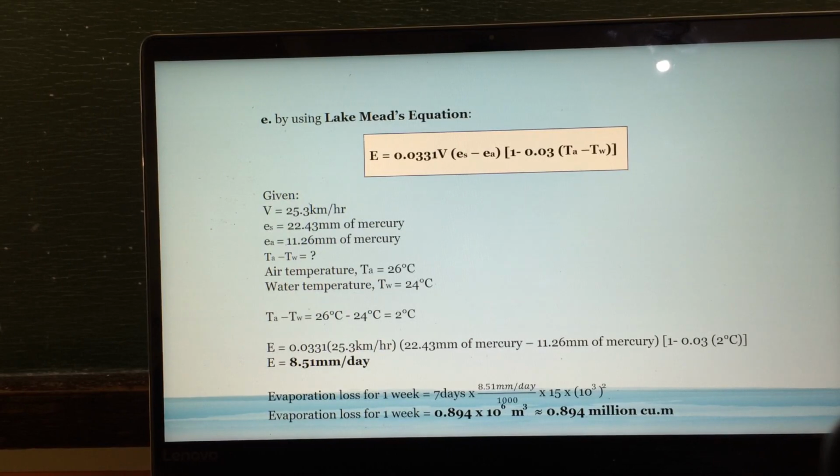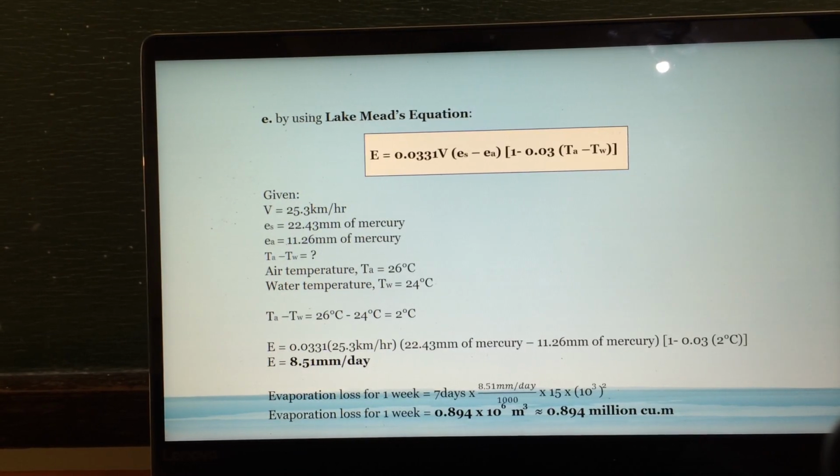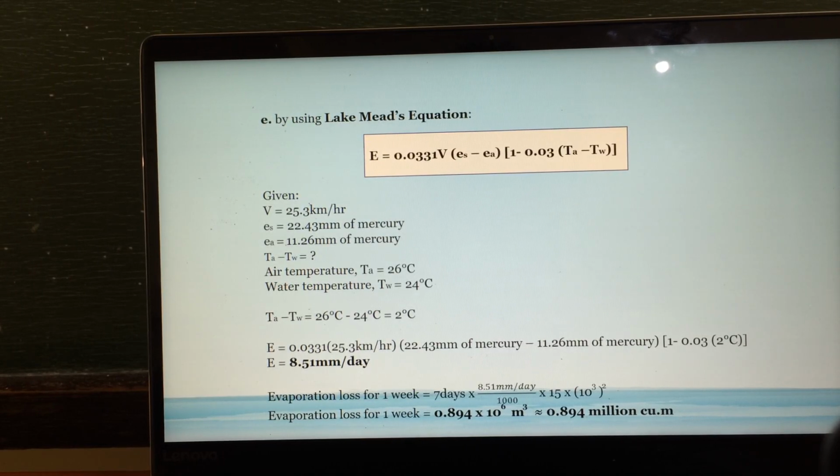Evaporation loss for 1 week is equal to 7 days times 8.51 millimeter per day over 1,000 times 15 times 10 raised to 3 squared. Evaporation loss for 1 week is equal to 0.894 times 10 raised to 6 cubic meter, which is equivalent to 0.894 million cubic meter.